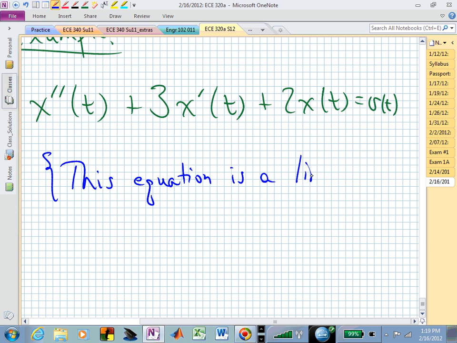You might see this as an LTI, linear time invariant. It's time invariant because the coefficients are not functions of time.